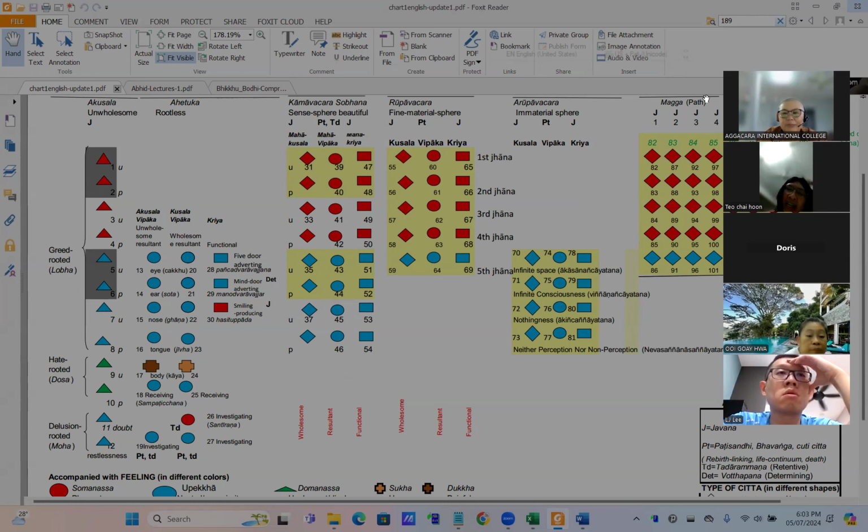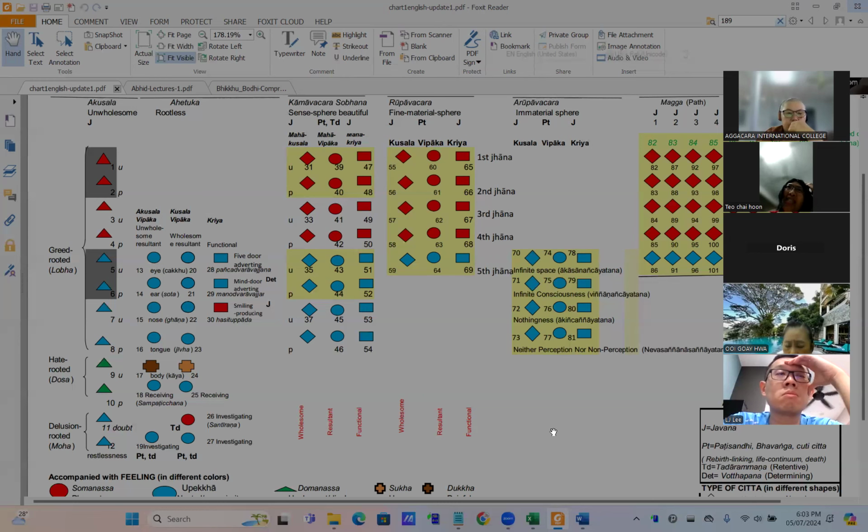I think it relates to the past consciousness that is linked to the current consciousness. So maybe the past consciousness was akusala, so when the eye sees again, it becomes akusala vipaka.